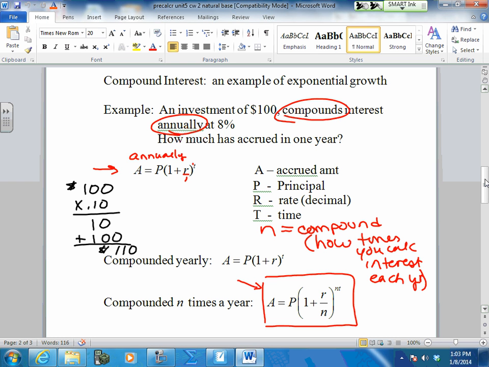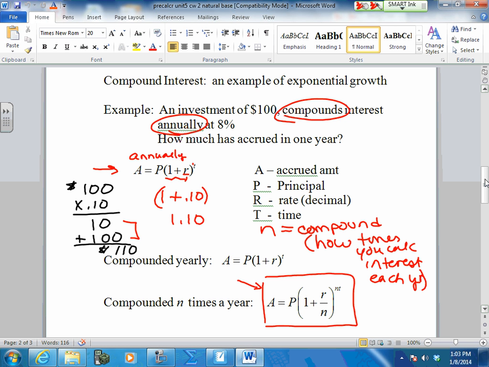Now, okay, this is what I want you to see. I had to physically add my $100 back in, right? So we have a little formula, and what this 1 plus does, it says 1 plus my rate. This gives me 1.10.